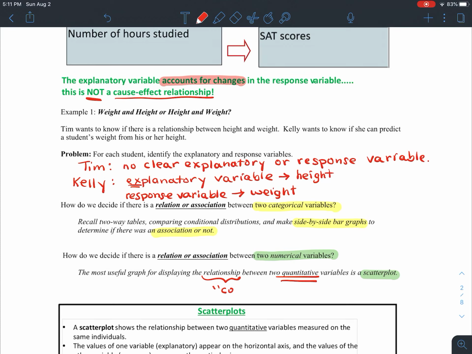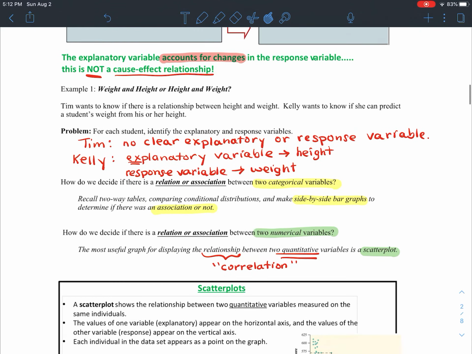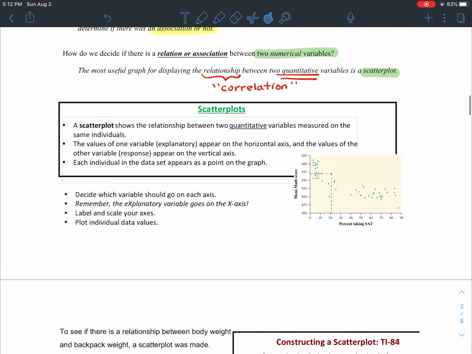And that relationship, when we're talking about quantitative variables, is known as a correlation. We often use the word association when we're referring to the relationship between two categorical variables, and we use the term correlation to describe the relationship between two quantitative variables.